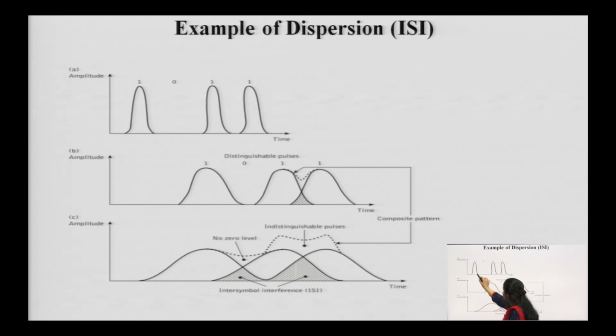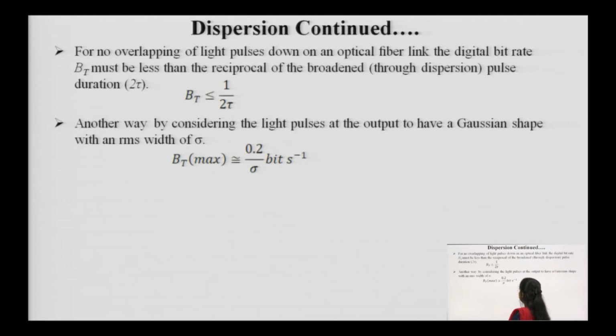The distance between these two pulses is reduced, and the distance between these two pulses also gets reduced. These two pulses get overlapped toward each other, and if we go on increasing, this distance is also minimized and the overlapping keeps on increasing.